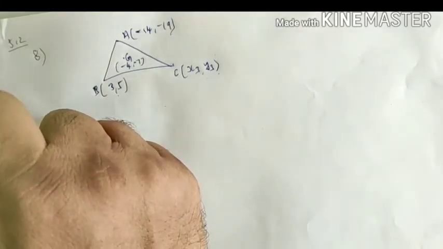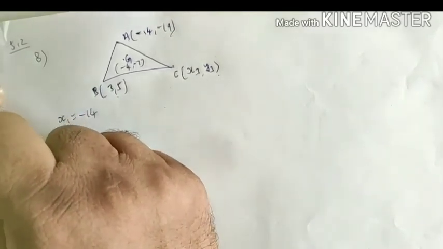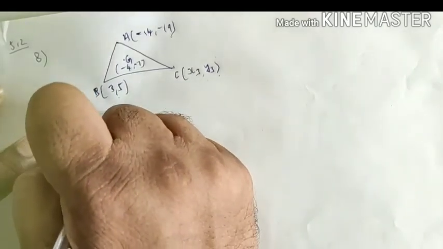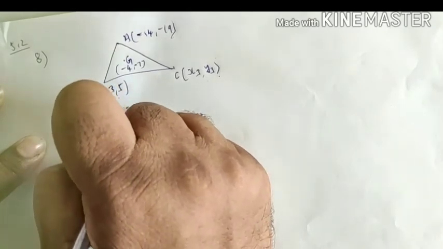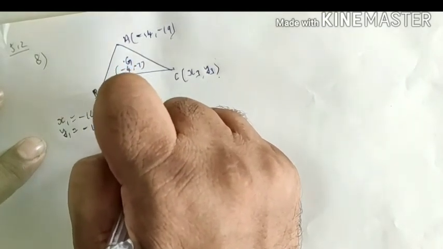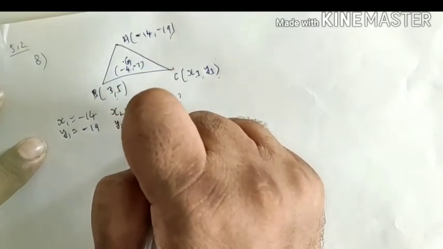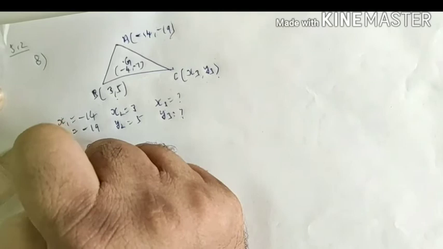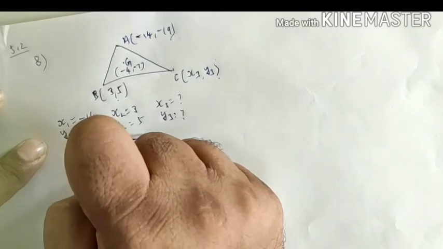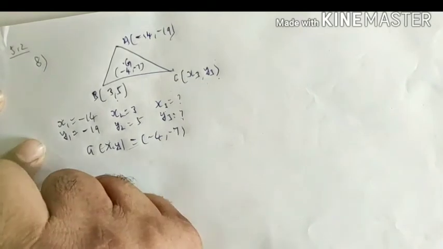Now here, see, x1 is equal to -14, y1 is equal to -19, x2 is equal to 3 and y2 is equal to 5. x3 and y3 we have to find, and coordinates of G (x, y) are given how much? (-4, -7). Now we shall apply here the centroid formula.